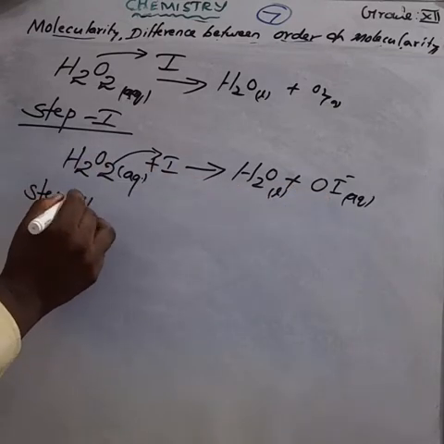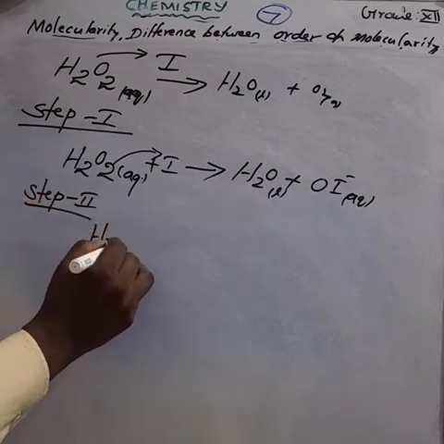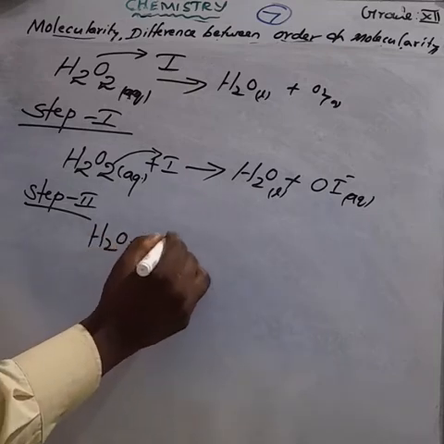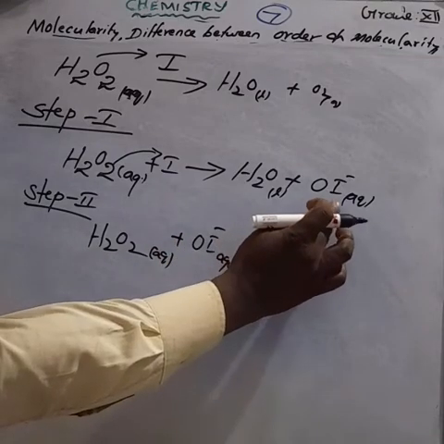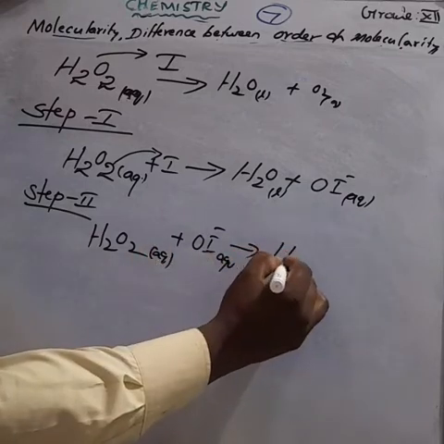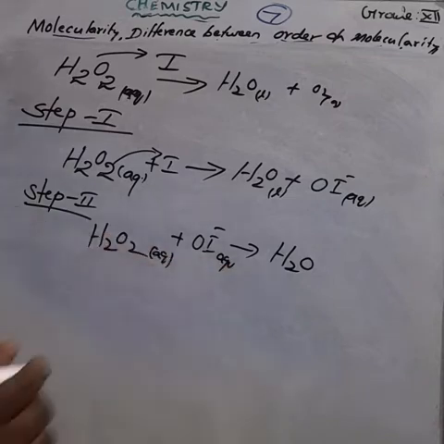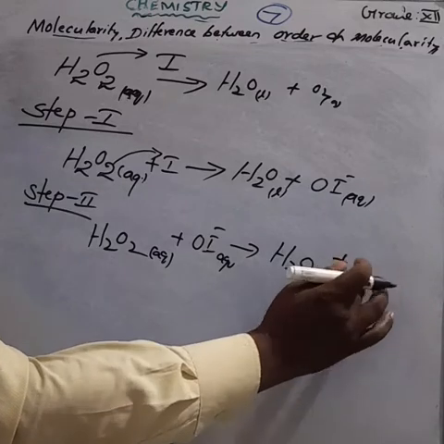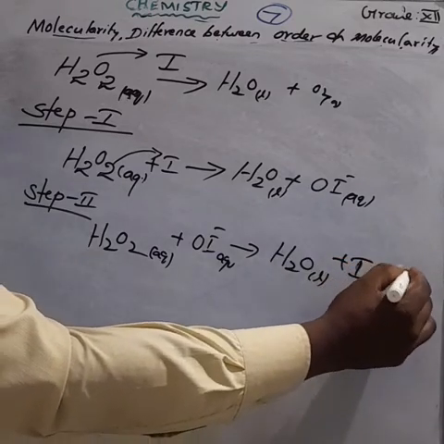Second one, H2O2, hydrogen peroxide, again reacts with OI minus aqueous. H2O2 aqueous plus OI minus aqueous gives H2O liquid, a water molecule, plus I minus aqueous, plus oxygen, O2 gas. These are the products obtained.